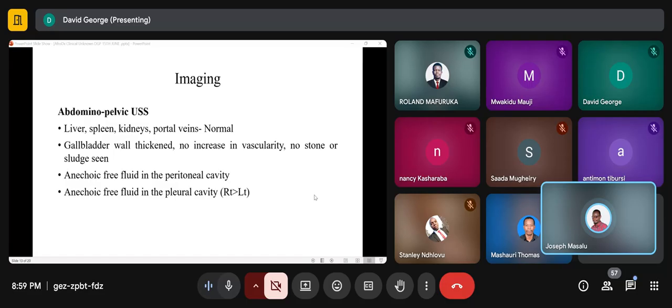So let me dwell in the category that I'm dealing with the inflammation of the peritoneum and see if I can come up with anything.